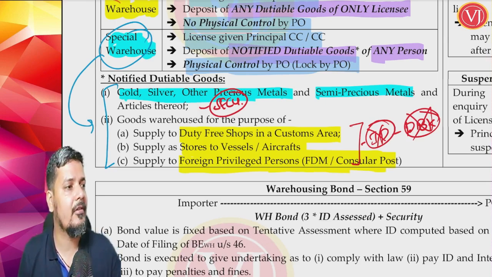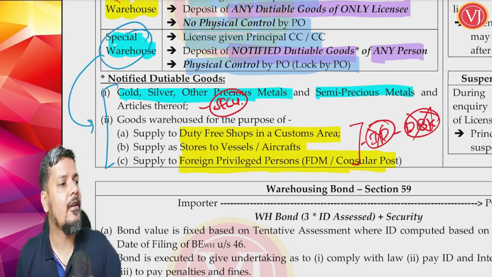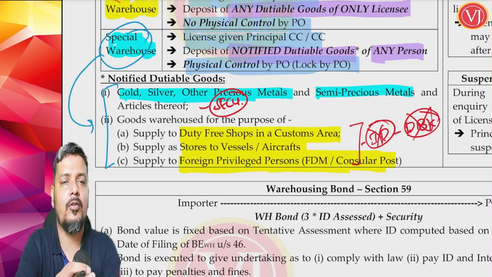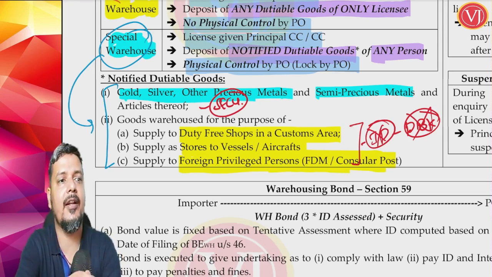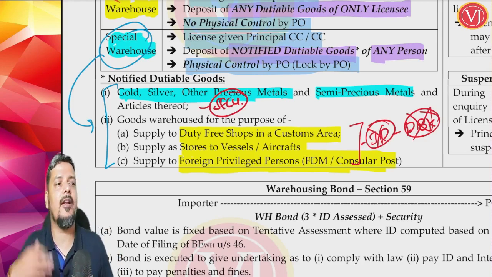The second point is that if finally they don't want to have import duty, what is the better option? Why clear the goods? You have imported the goods, but why clear them? You are very clear that you are going to give the goods to duty-free shops, as stores to foreign going vessel or aircraft, or sell to foreign privileged persons. So why clear it, pay import duty, then go for duty drawback?